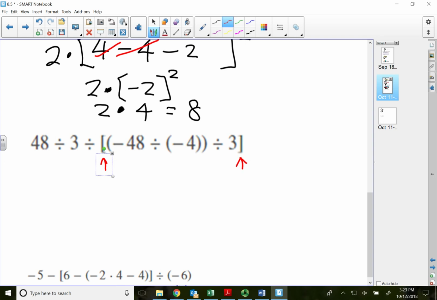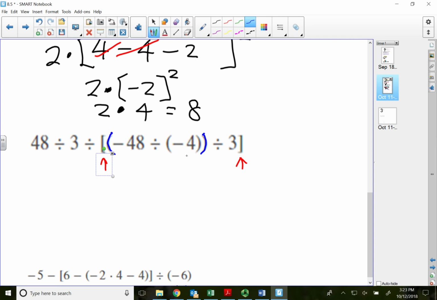And look within the bracket. Within the bracket, there is actually a parenthesis. So this parenthesis is telling you what's inside that parenthesis. However, this -4 is also in a parenthesis. The purpose of the extra parenthesis here is to indicate the -4 is negative. So there's really no need for this extra parenthesis there.